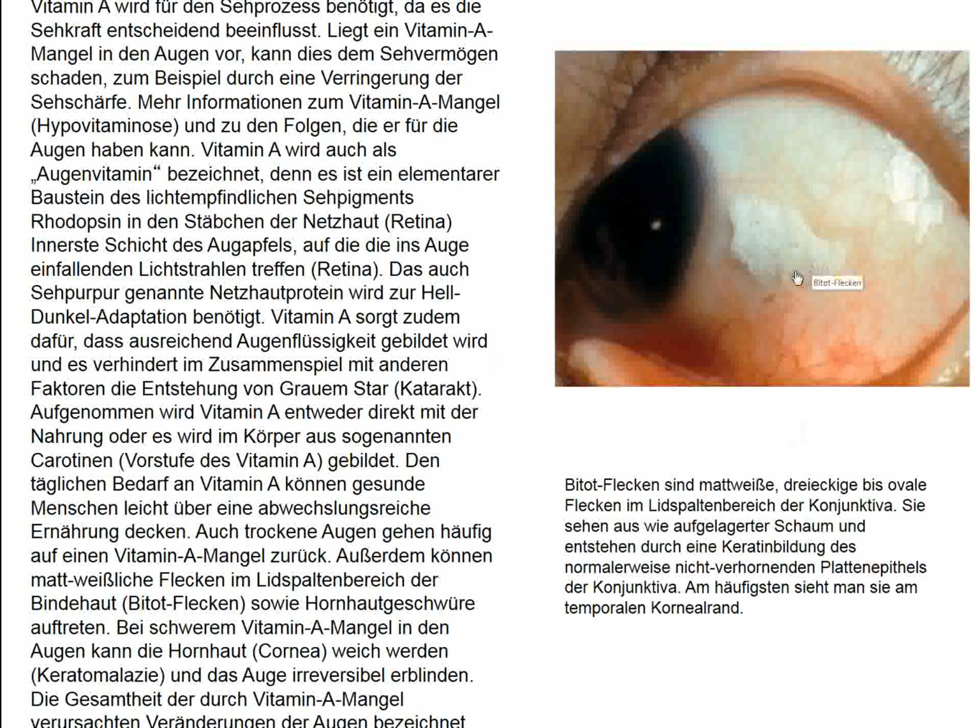And this is an example of vitamin A deficiency. Now, vitamin A is the eye vitamin, and it's responsible for a whole variety of things in the eye, including retinal function, so that the cones work properly. And in vitamin A deficiency, there are these typical deposits lateral to the cornea on the sclera.